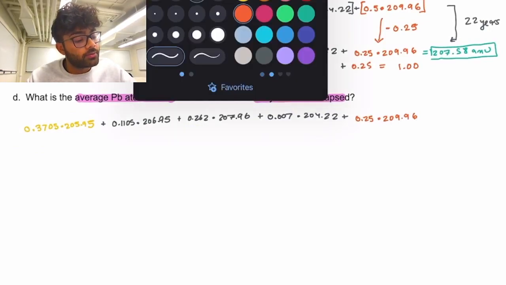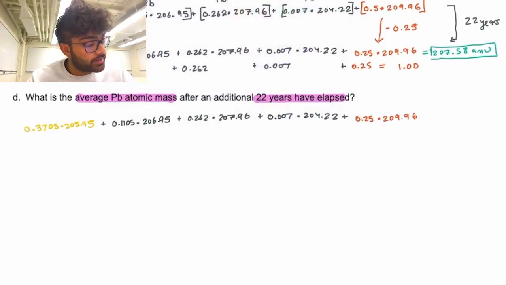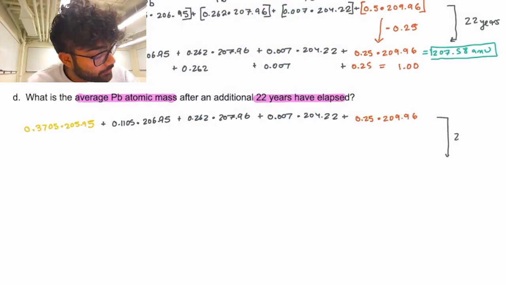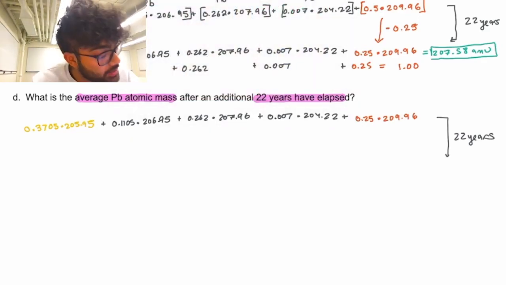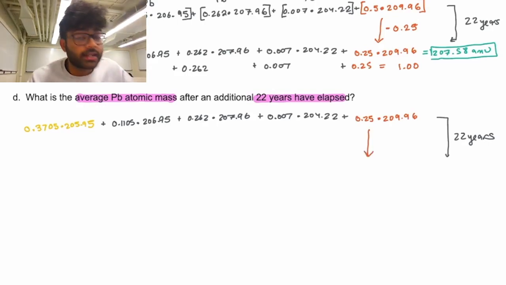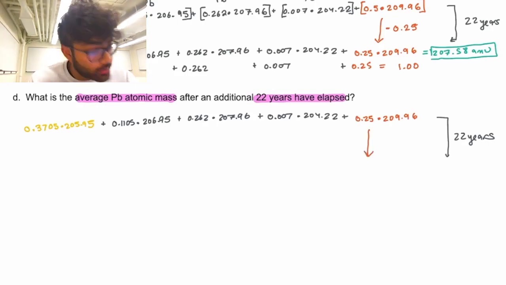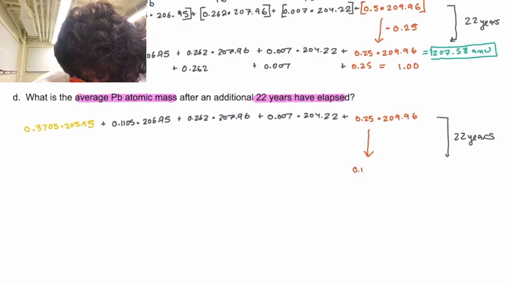All right, so we see again that another 22 years pass. So we have another reduction of a half of our lead-210 sample, and this time we're taking a half of a quarter, which is an eighth, or 0.125 times our mass.